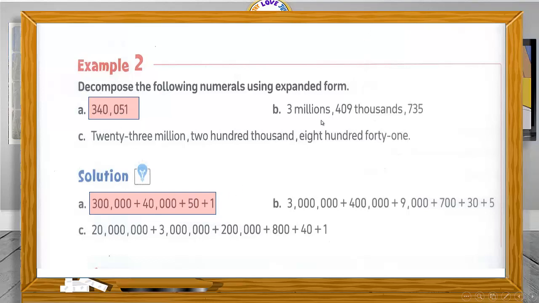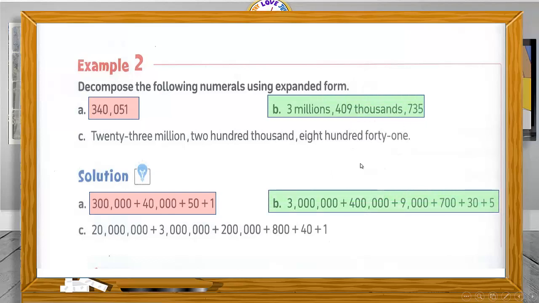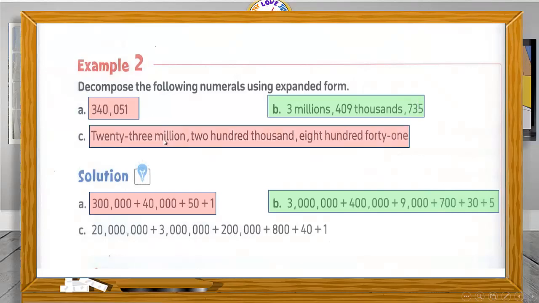Next one, 3 millions. This number is in short word form: 3,409,735. 3 millions, write 3 and 6 zeros because it says 3 millions. 400, write 400,000. 9,000. 735.